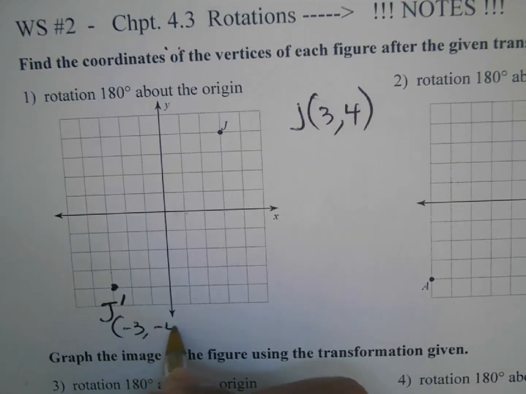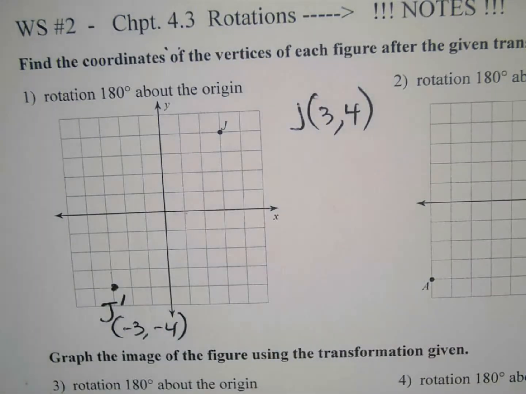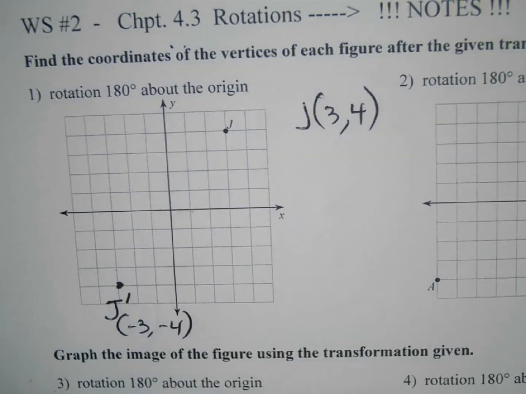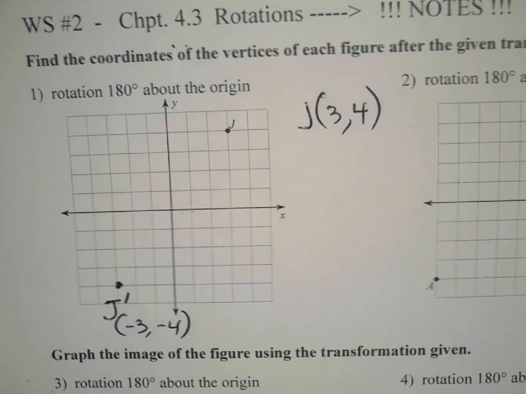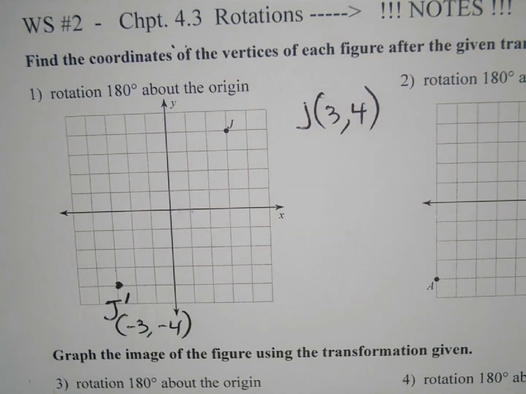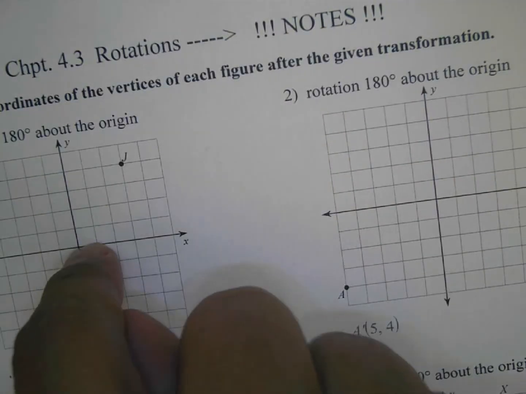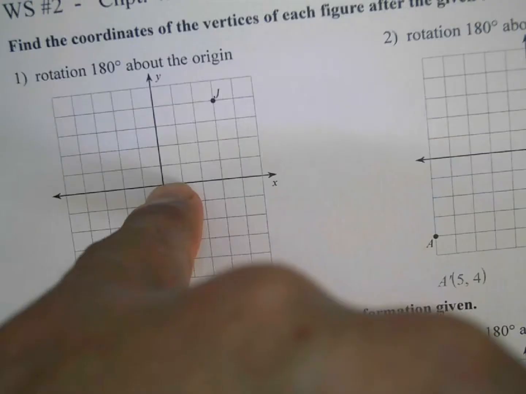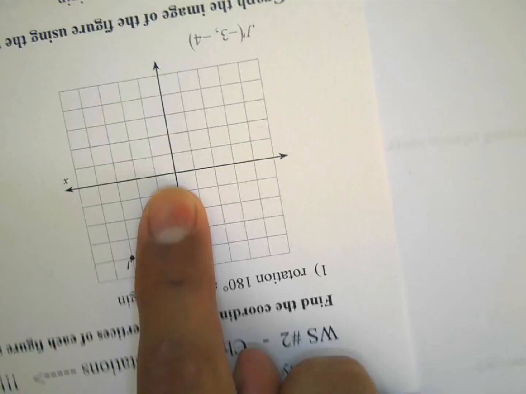That's -3, -4. If you don't want to cut these little papers out and you just want to do it here, you can simply do what? Well, I have another one. You can just hold it there with a pencil or your finger or something, and then go what? 180 degrees.